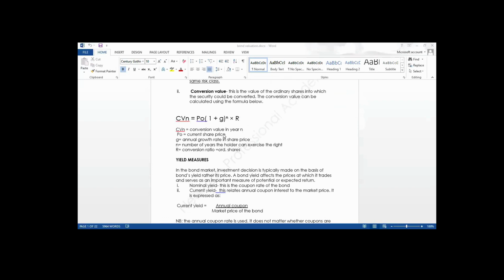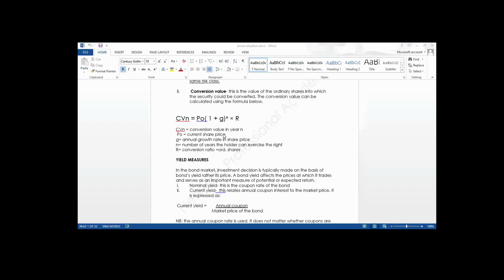And we stated that if you are required to value a convertible bond and the examiner has supplied sufficient information, you are going to use both methods: valuation as a straight debt and the conversion value.